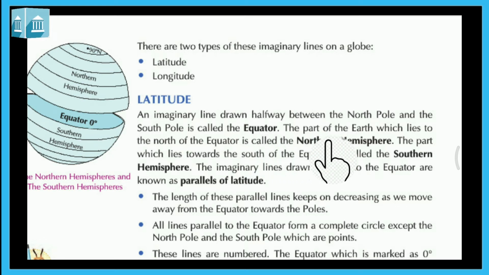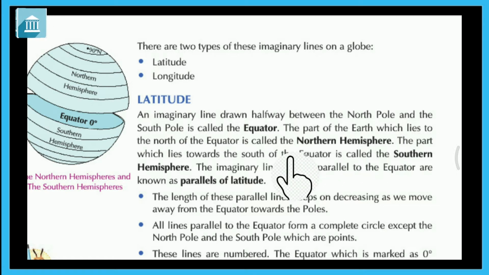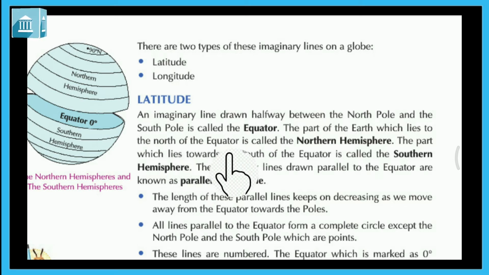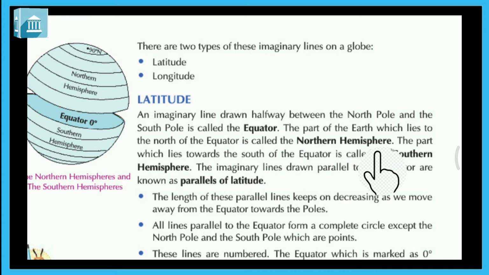The part of the earth which lies to the north of the equator is called the northern hemisphere.